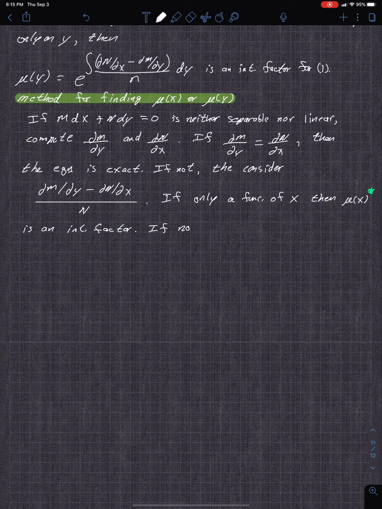If it's not a function of x, then you look at the other one, essentially.